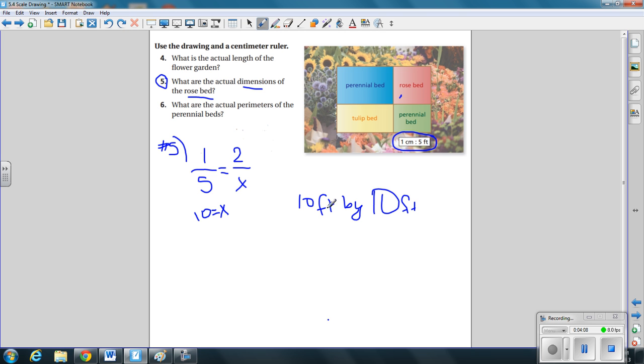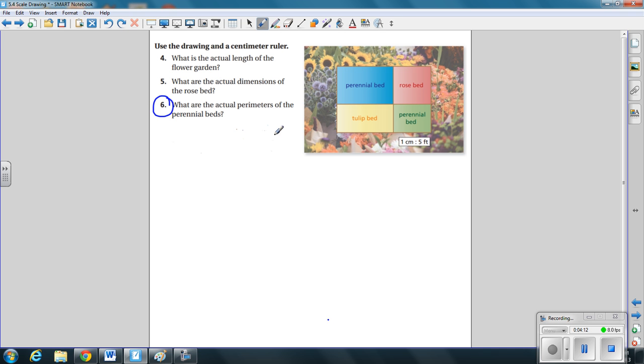Okay, let's take a look at example number 6. For number 6, we want to know the actual perimeter of the perennial. So here's the perennial. And what that's actually asking is how much does the length measure and how much does the width measure.